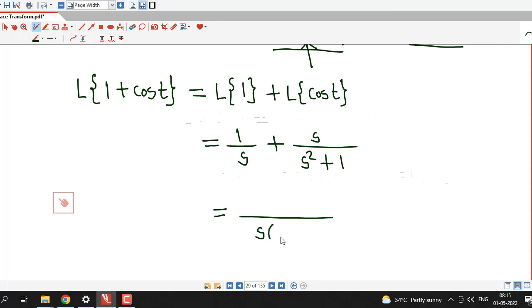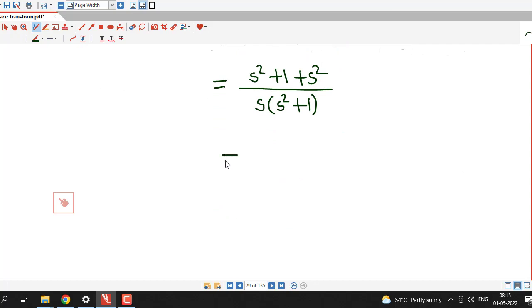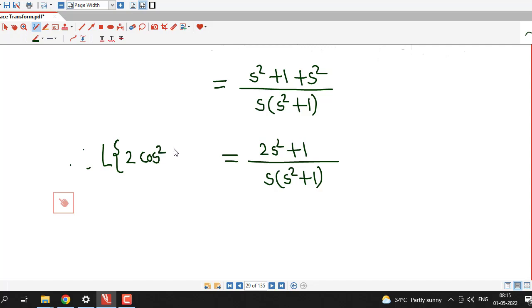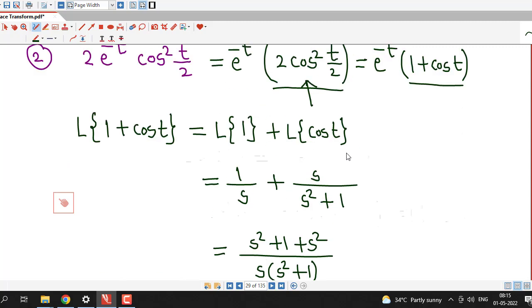LCM is s times s square plus 1, and here we have s square plus 1 plus s into s, that is s square, and this again we can rewrite as 2s square plus 1 divided by s times s square plus 1. So therefore Laplace transform of 2 times cos square t by 2 is this function of s.